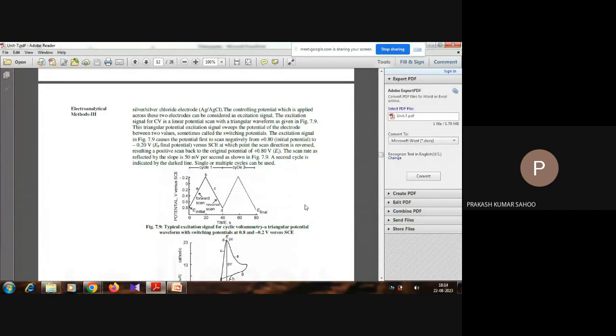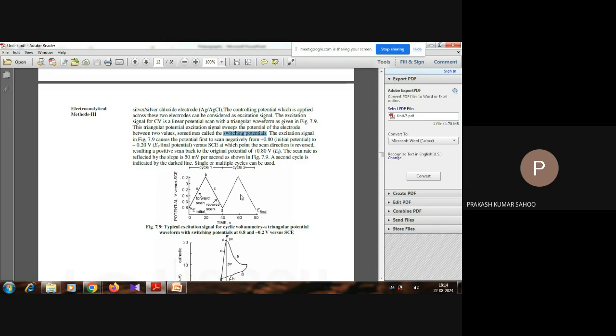The excitation signal for cyclic voltammetry is a linear potential scan with a triangular waveform. This is just a triangular waveform like plot here. This triangular potential excitation signal sweeps the potential of the electrode between two values, sometimes called switching potentials. So this is just a sweep from one to another.